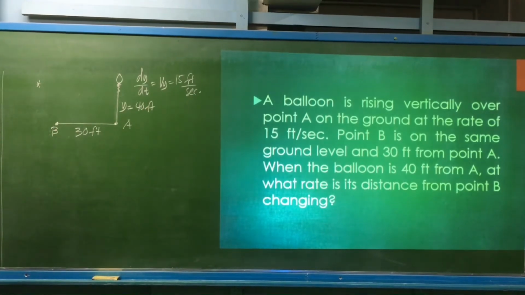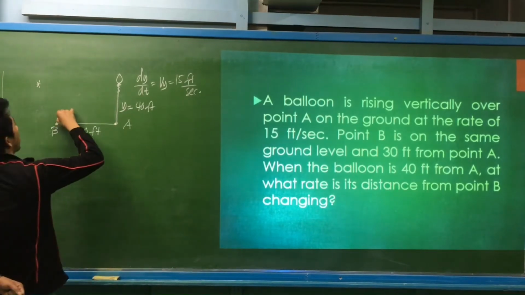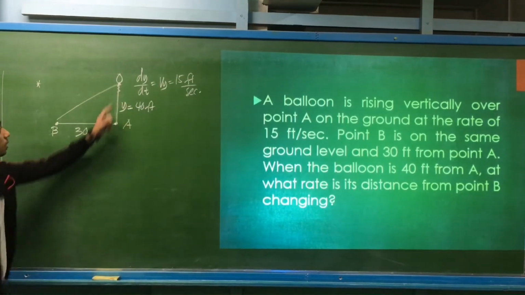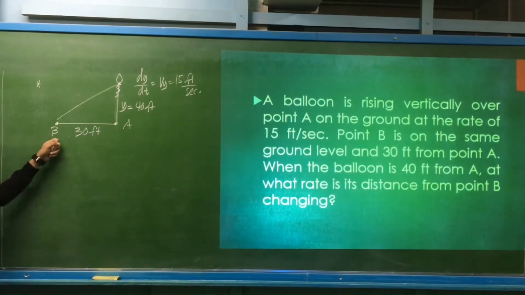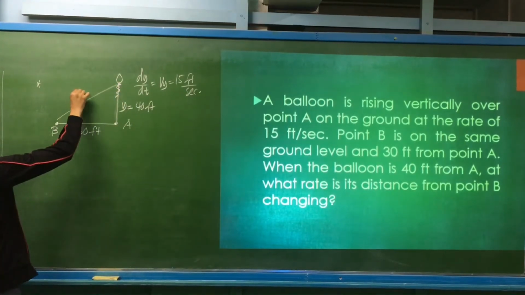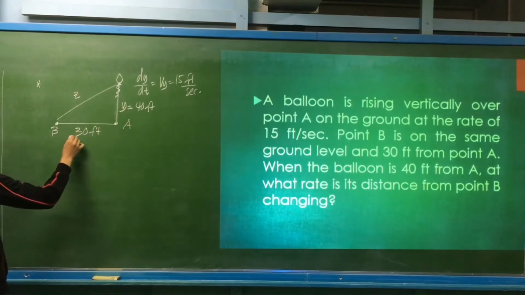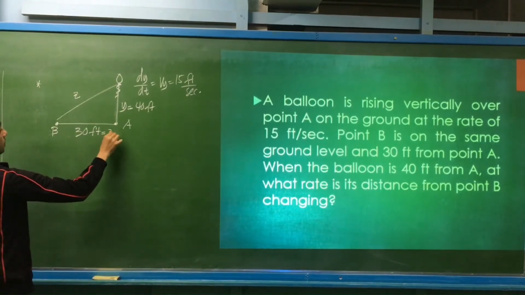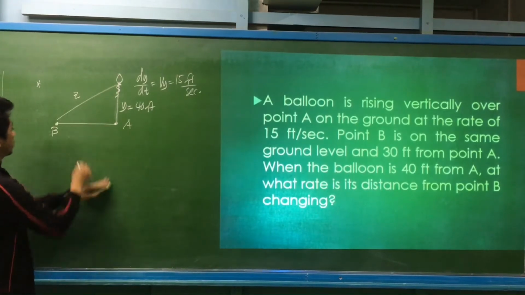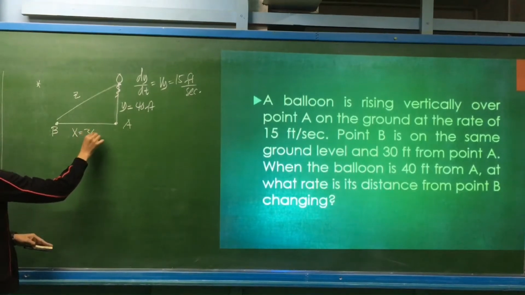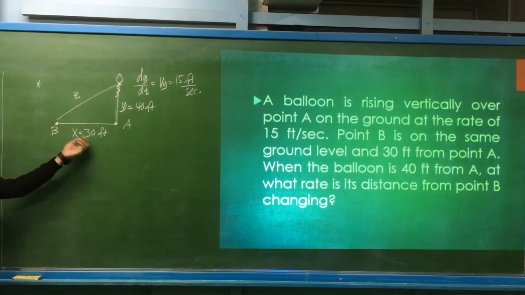We are looking for the rate of change of the distance between the balloon and point B. Let's say this distance is z, and this distance is x, equal to 30 feet. Those are the given.